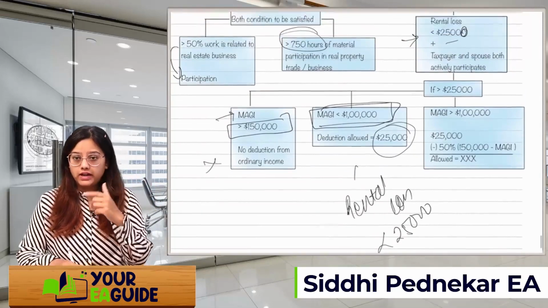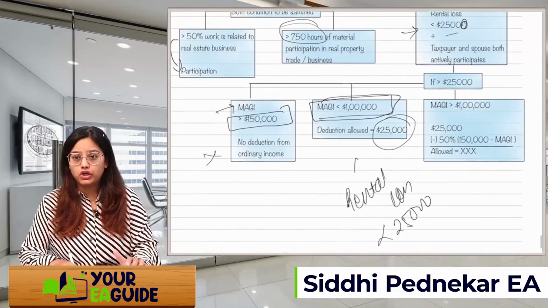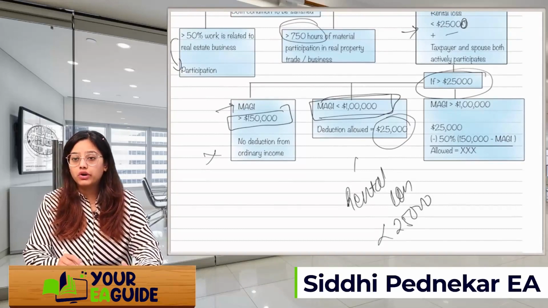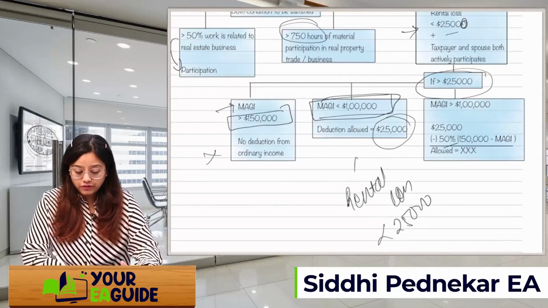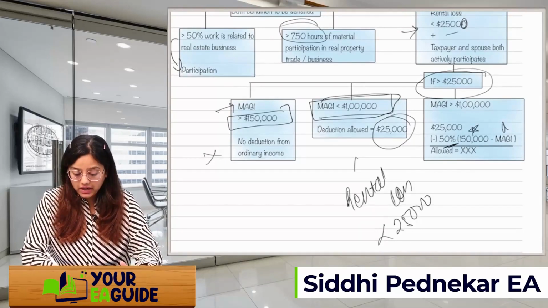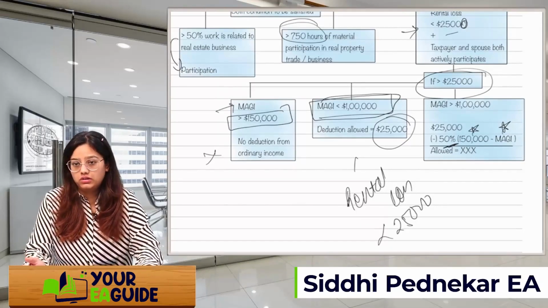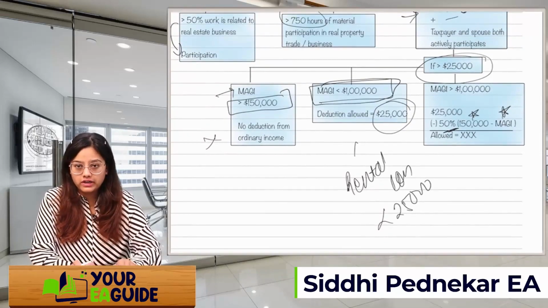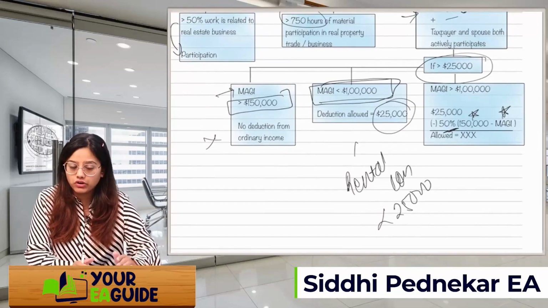But if your modified AGI is more than 1 lakh, then out of this 25,000 you are going to reduce 50% of (1 lakh 50 minus modified AGI). If it is above 1 lakh 50, you are not going to get any deduction. If it is less than 1 lakh, you get the full deduction.